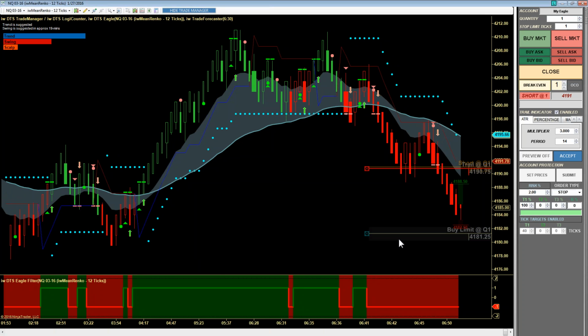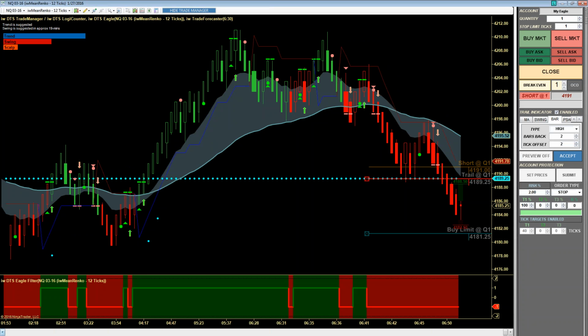All right, so we've hit the break-even trigger, and we're almost to our profit objective. I'm going to use the more aggressive stop, maybe like the bar high-low, just so you can see the trade manager roll the stops in. Currently, I'm using the bar high-low, and this is a very aggressive stop strategy. It will take you out of the market at the first sign of weakness.